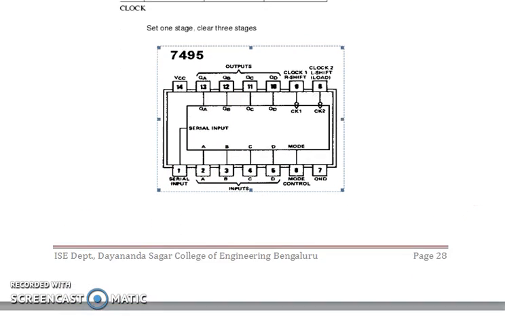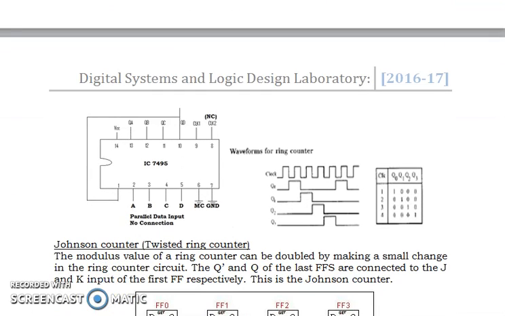Now we'll see the circuit diagram. This is the circuit diagram for ring counter. Here you can see QA, QB, QC, QD are the outputs. And from QD, the output of the last flip-flop, there is a connection to the serial input, that is pin 1.